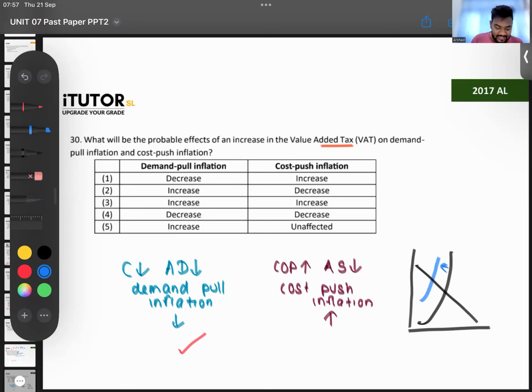So there is cost push inflation there. Earlier the prices were here, but now because aggregate supply went down, there is cost push inflation. So cost push inflation goes up. That can be the argument. Which one is the answer then? Decrease and increase, so number 1. Is that fine? Check. Questions, problems, issues?